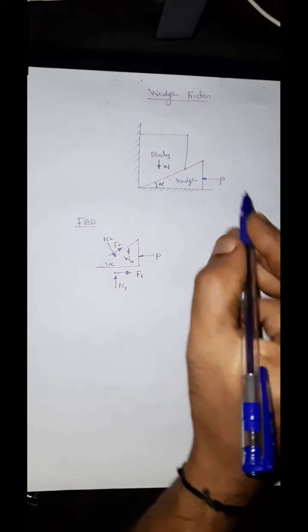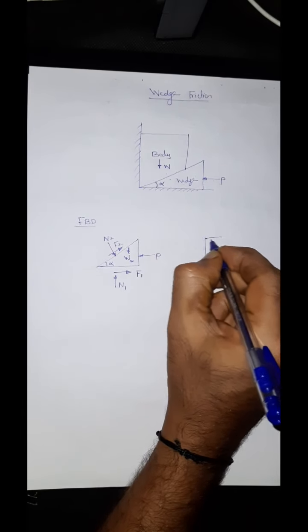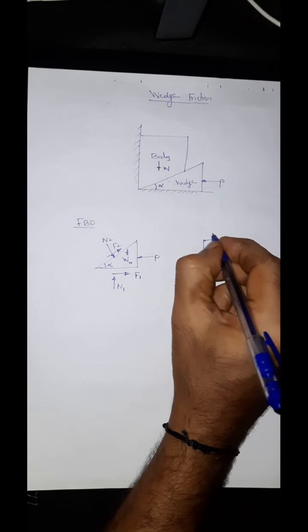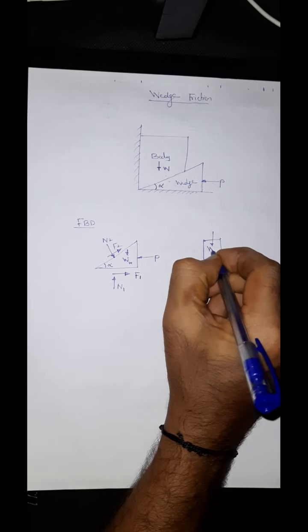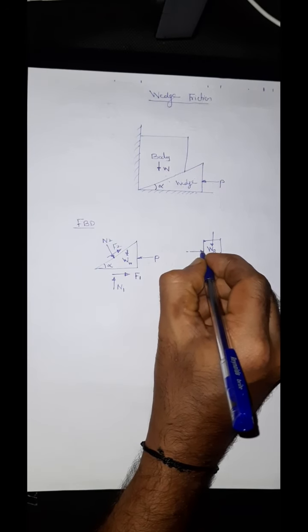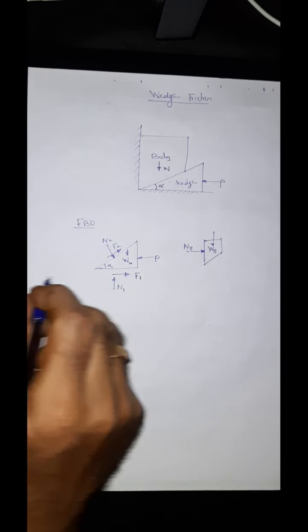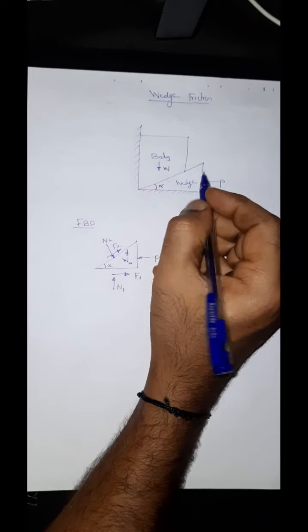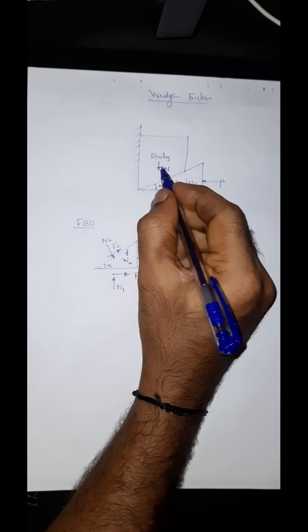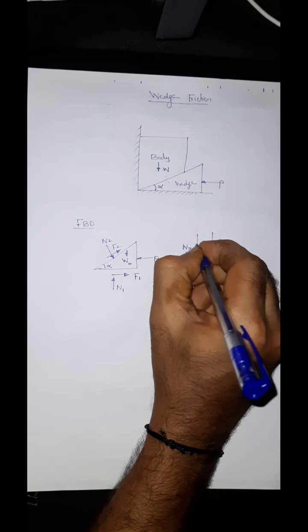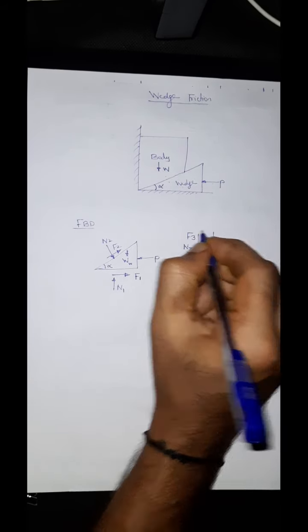Right? Let's draw the free body diagram of the body. There is a weight of the body, which we consider WB. And here, this is a surface in contact, so there is a normal reaction. We consider this as N3. When you apply the force on the wedge, the body tries to move vertically upwards, therefore the friction will be in the opposite direction.